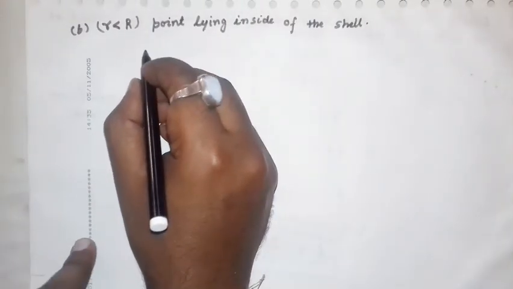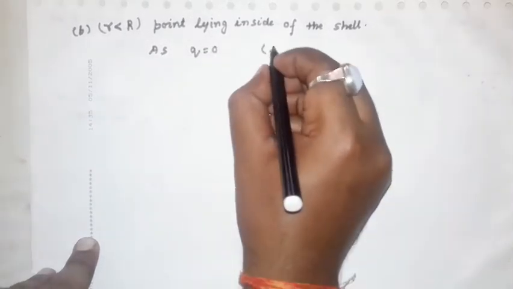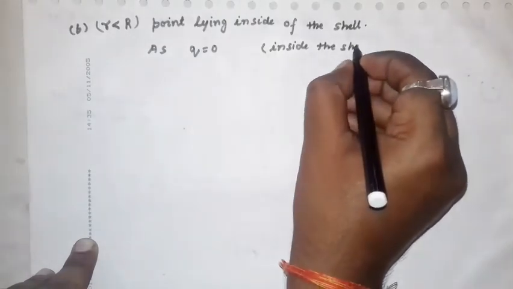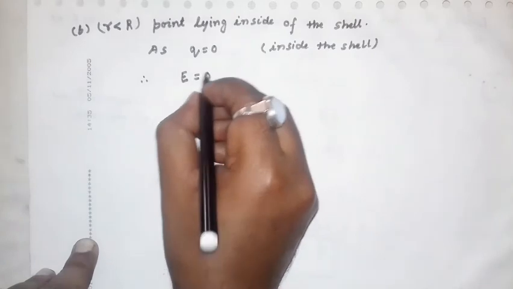So as q equal to 0 inside the shell, therefore E equal to 0.